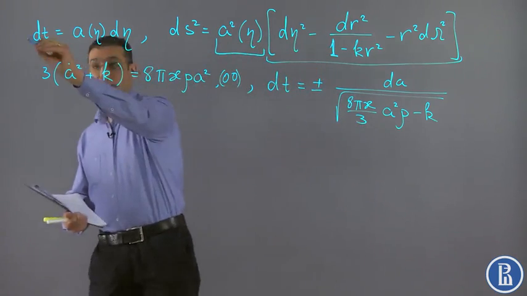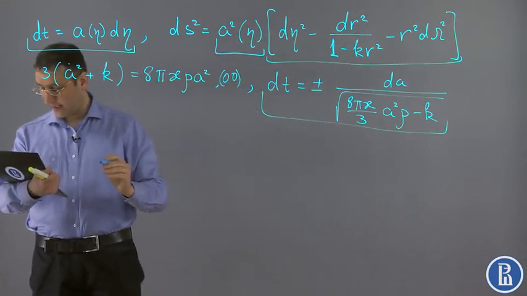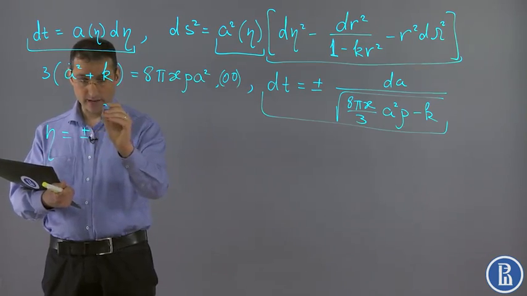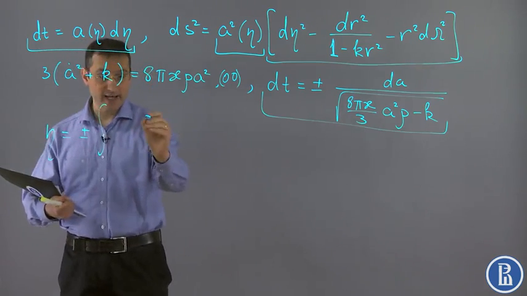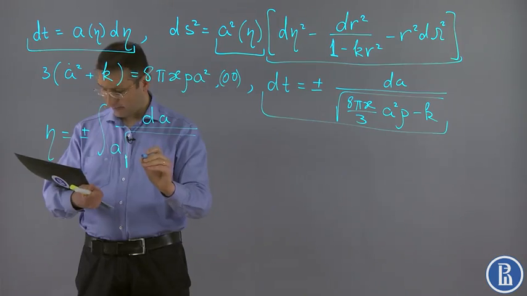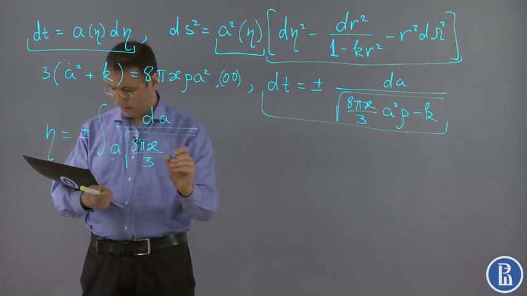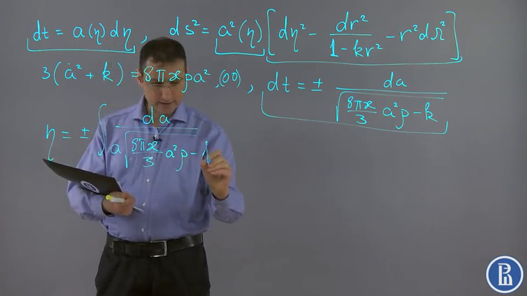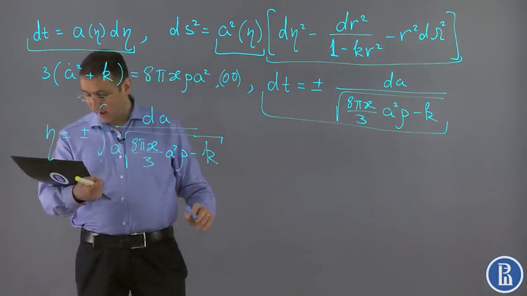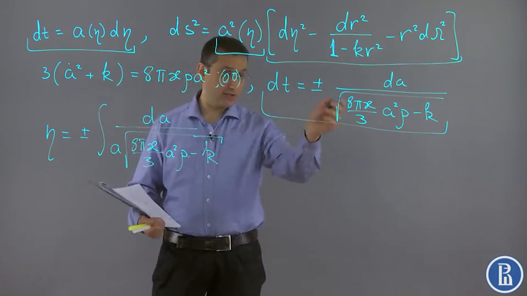Now, using this relation and this relation, we find that eta is plus minus the integral of dA over a times the square root of 8 pi kappa over 3 a squared rho minus k. And now we are going to find from here a of eta, and then from here t of eta.